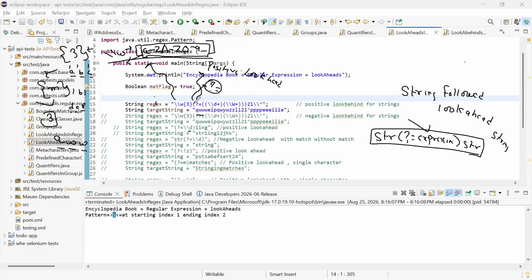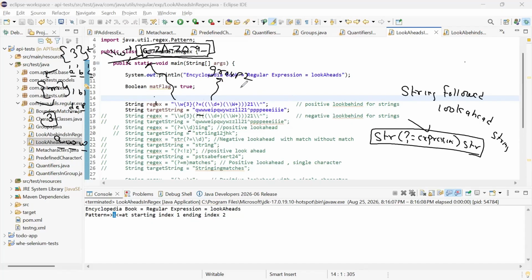So now this expression will be evaluated. How will this expression be evaluated? It will come here, right from the beginning of this starting brace, and then we have a group. This is group 1, and this is group 2.